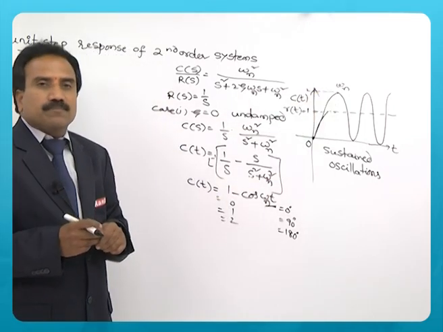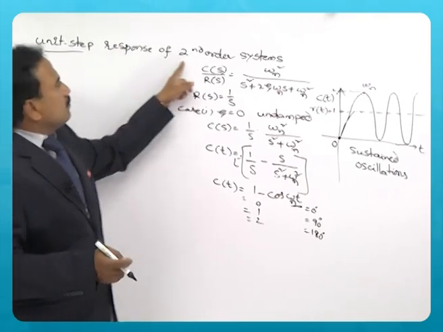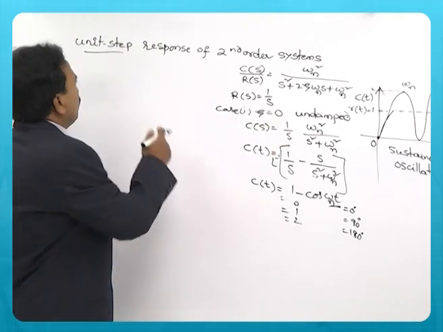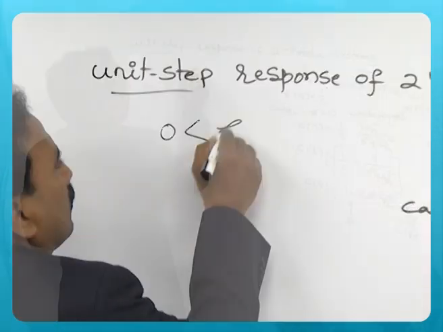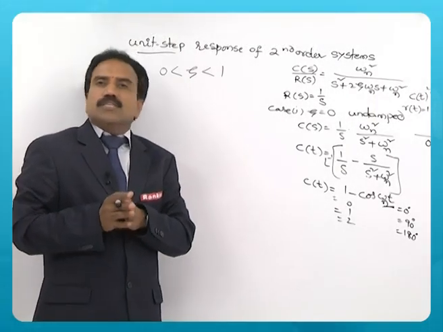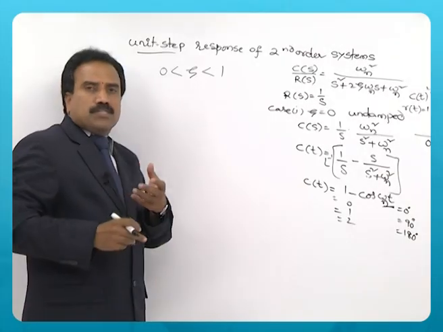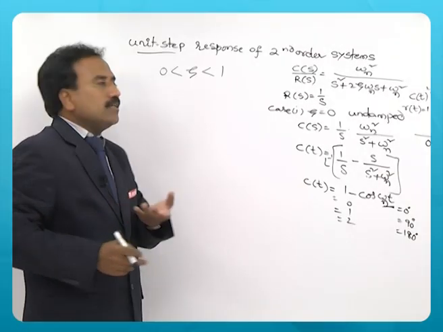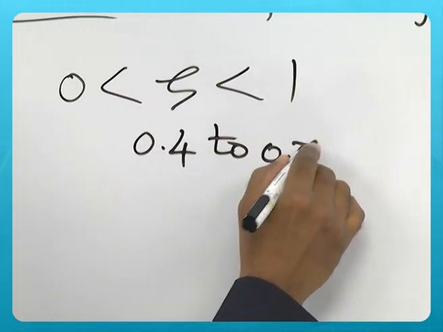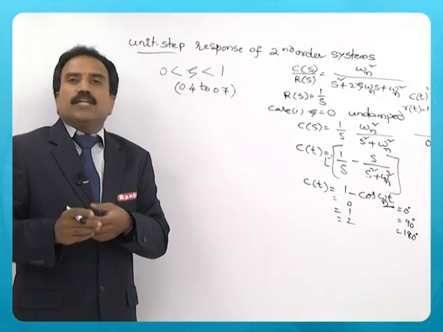Now our intention is to see the unit step response of a second order system, but not with zeta equal to 0. The most standard value of zeta is between 0 and 1, and the best performance we will see is between 0.4 and 0.7. These are the best figures for the damping ratio zeta.